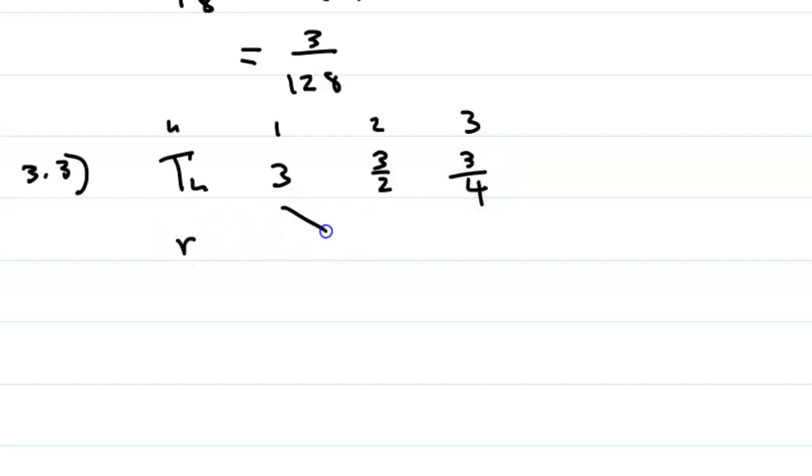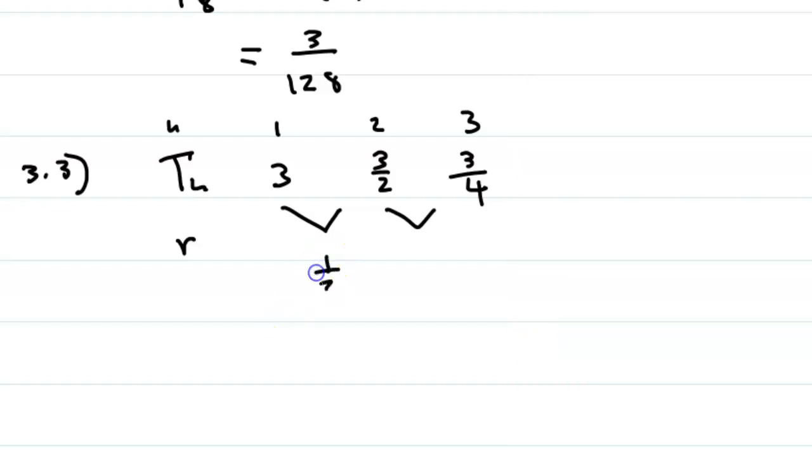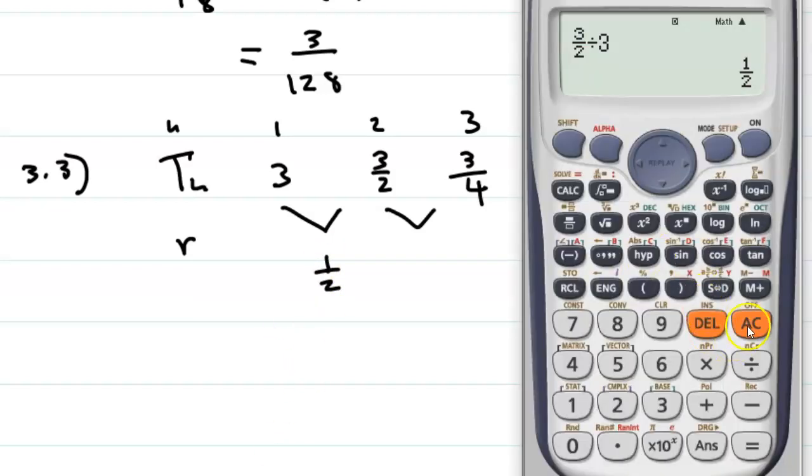We know it's a geometric sequence, and it's going to give us a constant ratio, but we'll just double check that. 3 over 2 divided by 3 is equal to half. Now let's put in 3 over 4, which is T3 divided by T2.